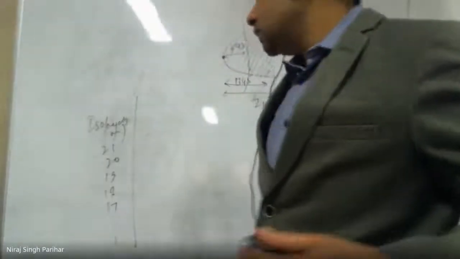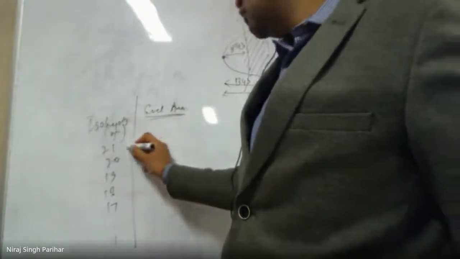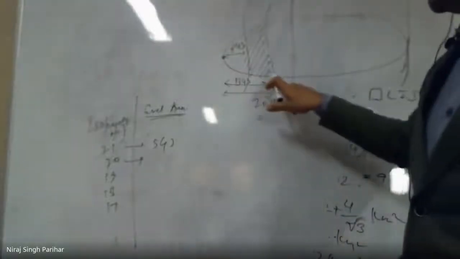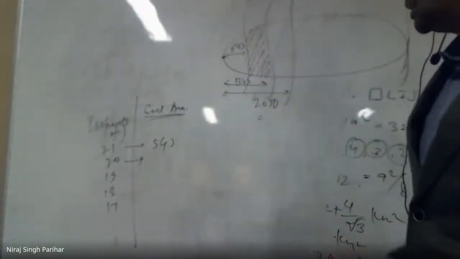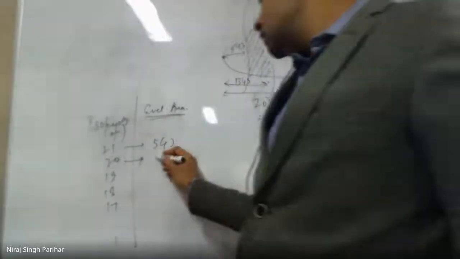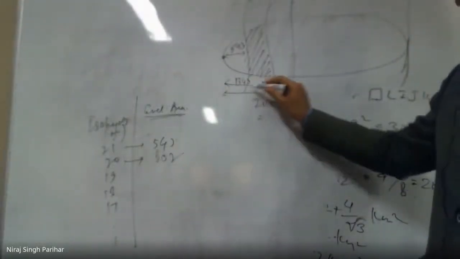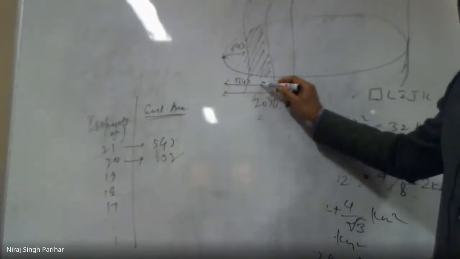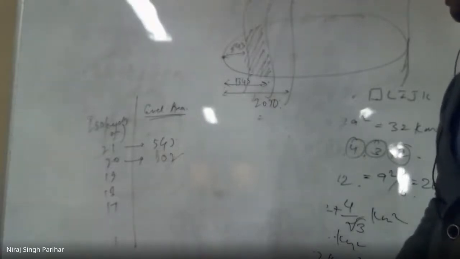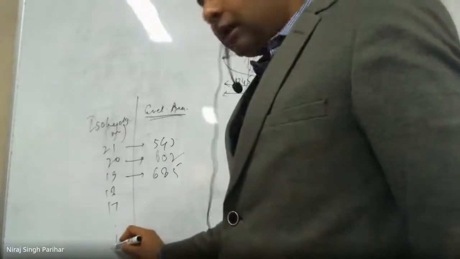Then enclosed area. So for 21 the area will be 543. For 20 the area will be difference of the two. We need this area, the hashed area in between. So this will be 1345 minus 543. So almost 802. For the next area, we'll be finding out the difference between 2030 and 1345. So now this will be somewhat around 685, if I am correct. Like this way, you can calculate area up to last, that is up to 12.